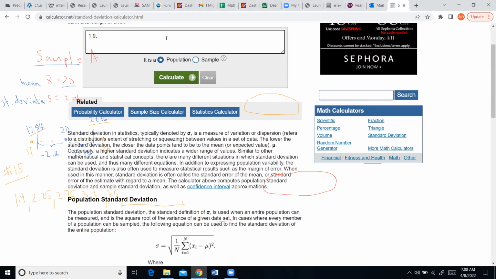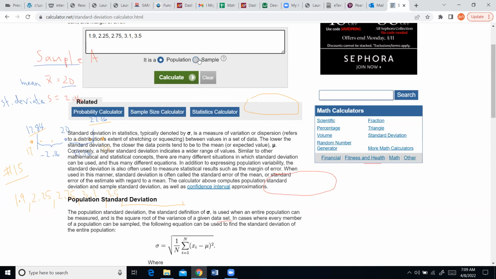Next is 2.25, and so forth. 2.75, 3.1, 0.1, and also 3.5. So we have entered these 5 sample elements.